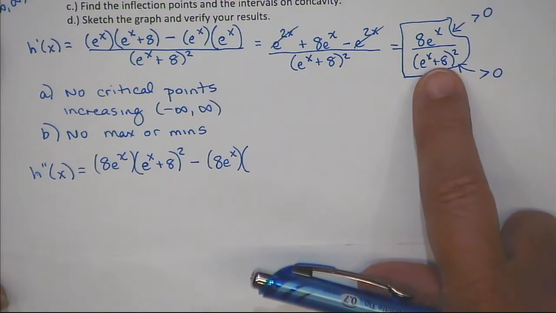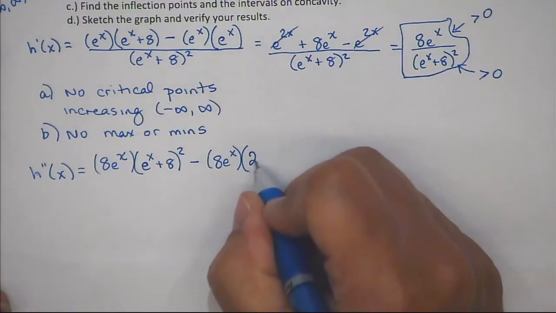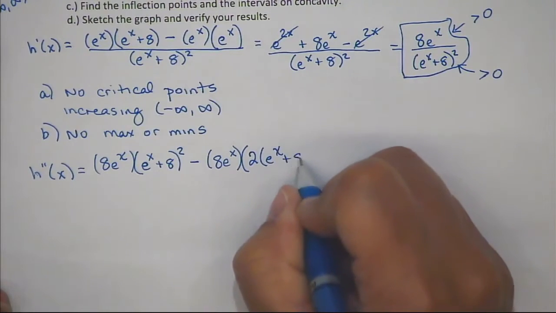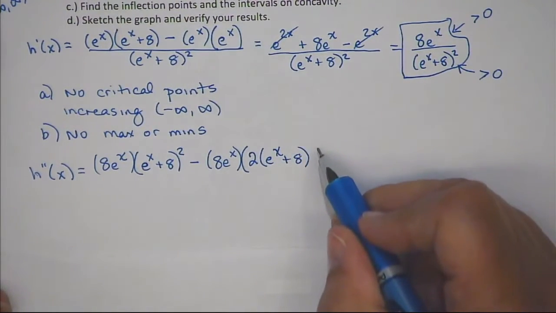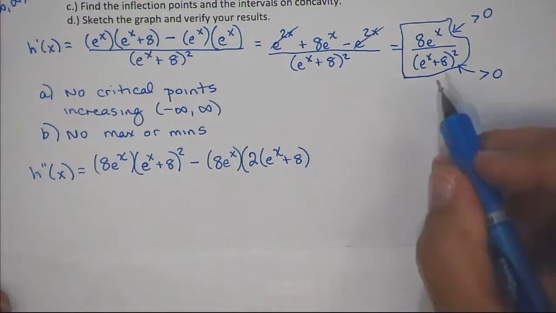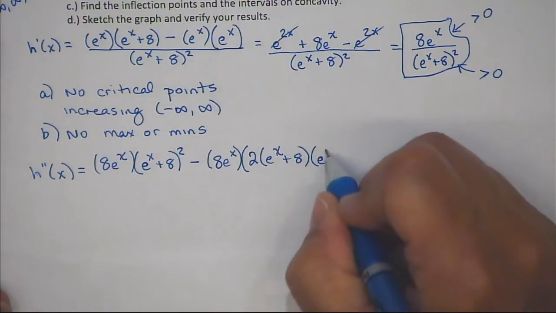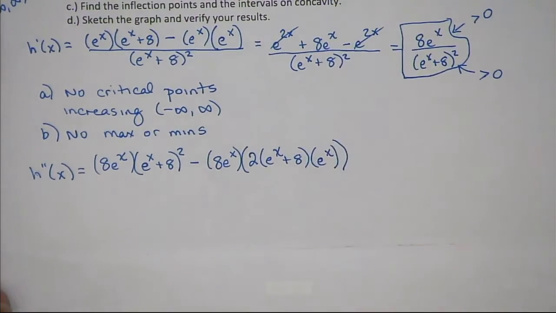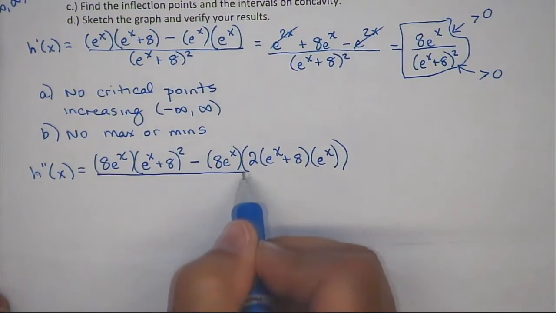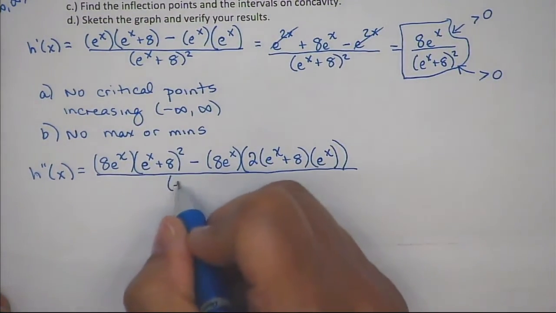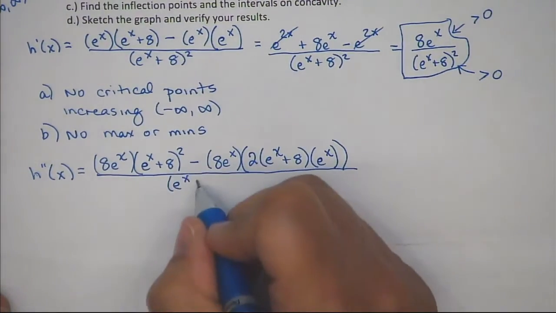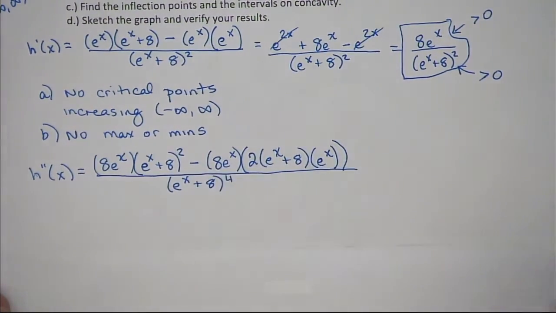The derivative of something squared is 2 of those somethings, so we bring the 2 out front, leave the inside alone, and then it would be to the first power, but we don't need to put a 1 there. And then times the derivative of the inside, which we already did, was e to the x. All right, and then all over the bottom squared. So that's going to put the denominator as e to the x plus 8 to the 4th power, right? Square, square.